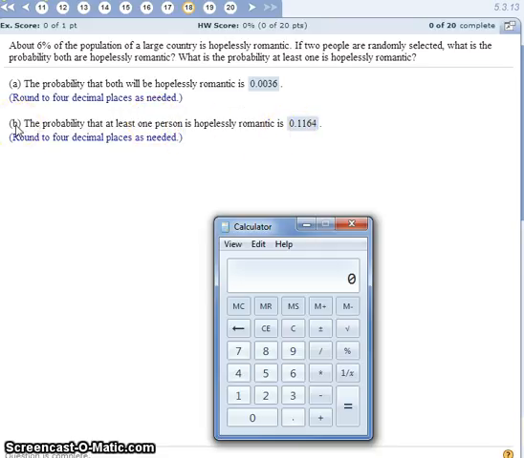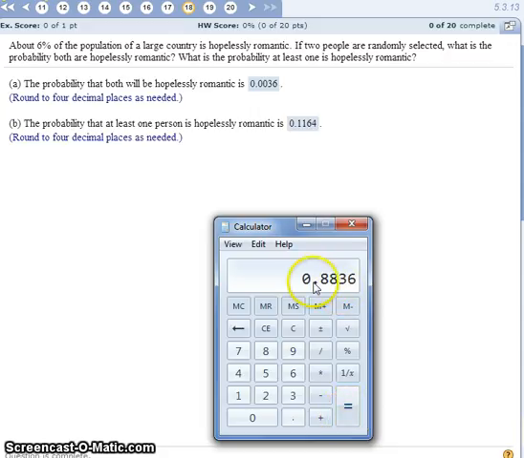And for part B, the probability that at least one person is hopelessly romantic, it's easiest to do part B using the complement rule. So let's figure out the probability that nobody is hopelessly romantic. Out of the 2 people we picked, neither one is hopelessly romantic. So if 6% is, that means there's a 94% chance that the first person isn't hopelessly romantic. And since these events are independent, we can multiply the chances that the second person also is not hopelessly romantic.